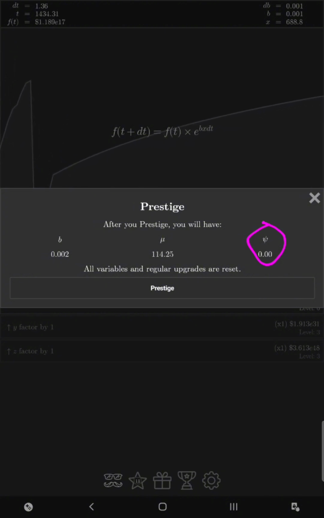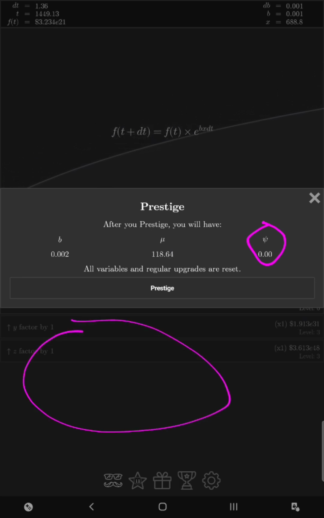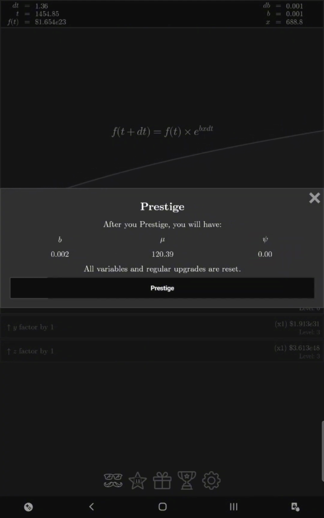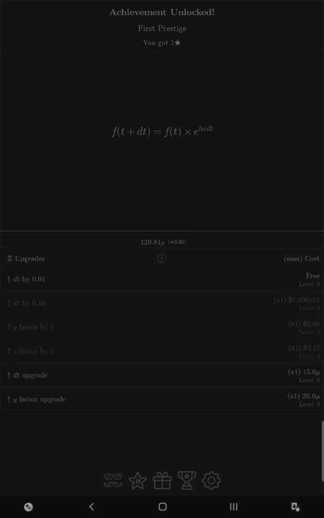We're not going to talk about supremacy yet because we haven't unlocked it yet. If we had, it should be down here. But we obviously have not unlocked it because we don't see anything down here. So we are just going to ignore this one. And we're going to prestige because why not? We cannot even progress. Okay, now we have unlocked yet another chapter.